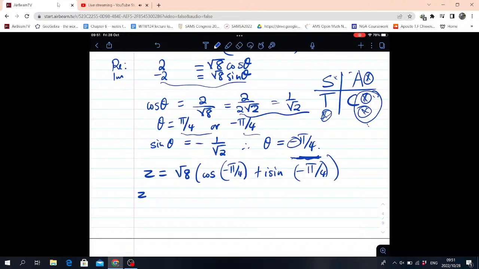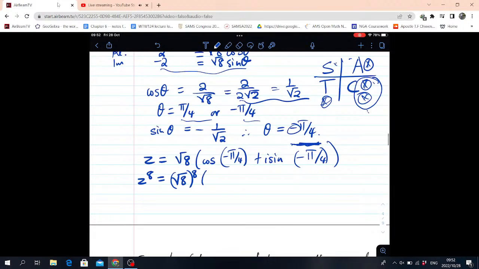So we say z to the 8 is going to be equal to the square root of 8 to the power 8 times cos n theta, so 8 times minus pi over 4 plus I sine 8 times minus pi over 4, right?